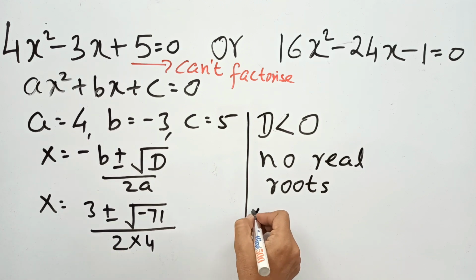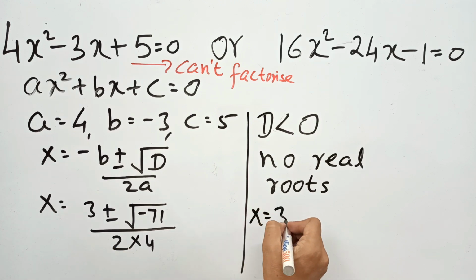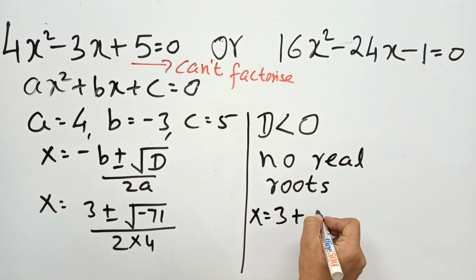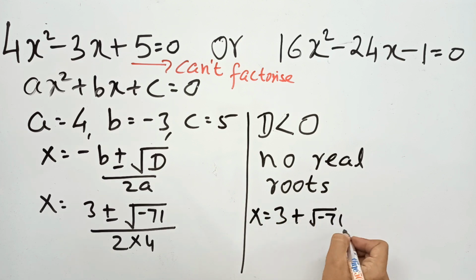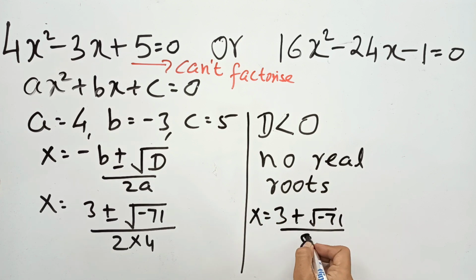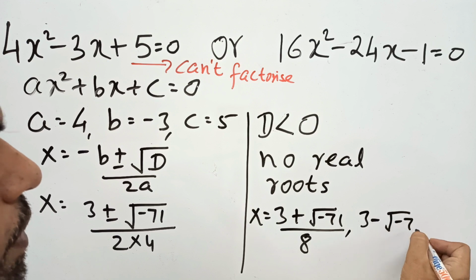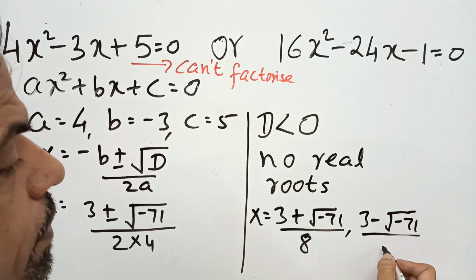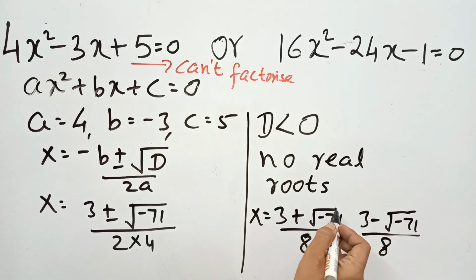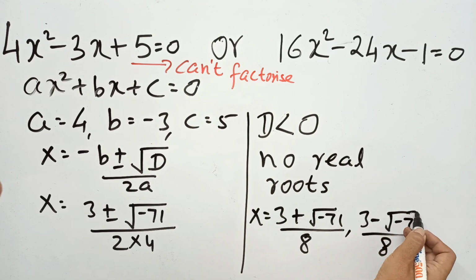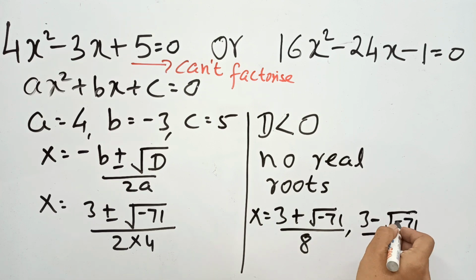So we will get two values but not real: 3 plus root of minus 71 upon 8, and another value, 3 minus root of minus 71 upon 8. A minus in the square root means it is not real, it is an imaginary number.